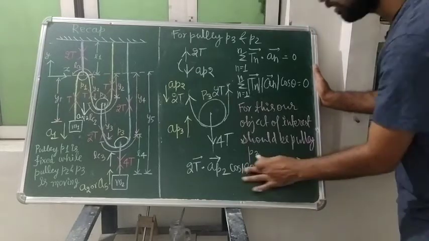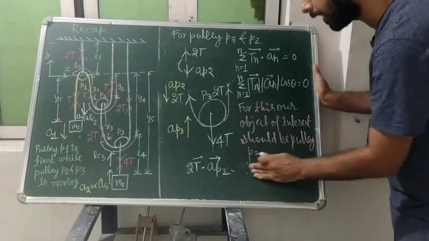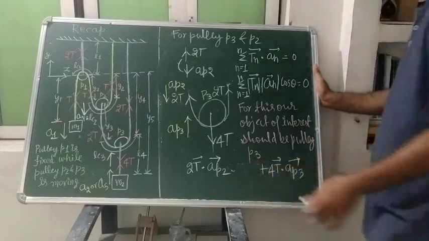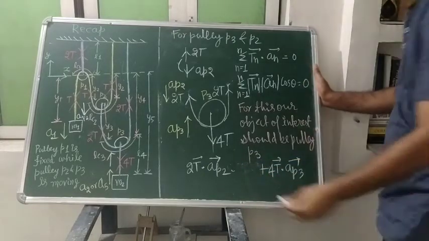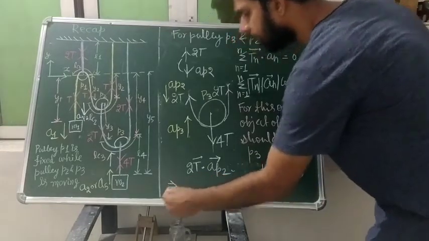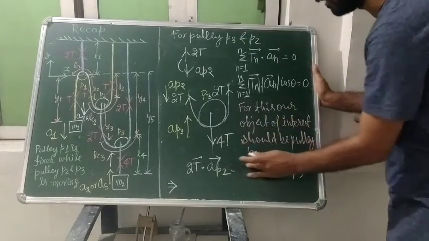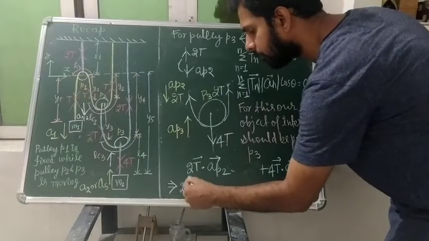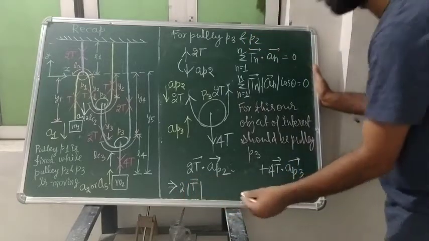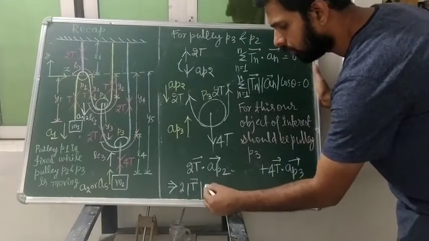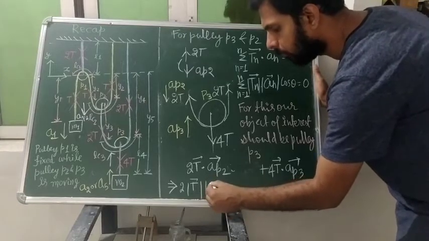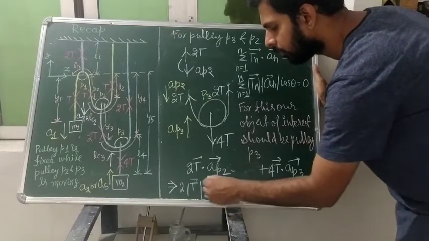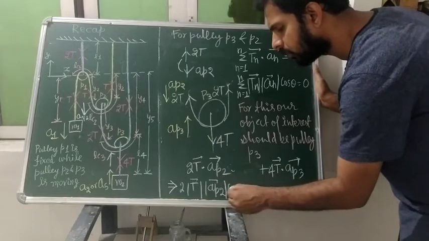For the time being I will not write cos 180 right now. When we remove the dot, then we can write the cos. So this will give us the magnitude of T multiplied by the magnitude of AP2, and here cos theta.